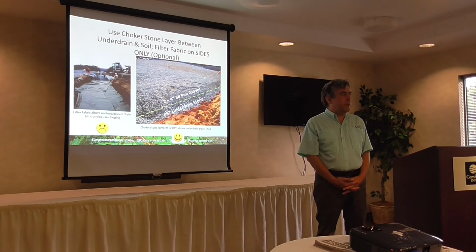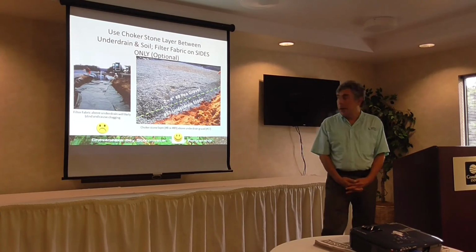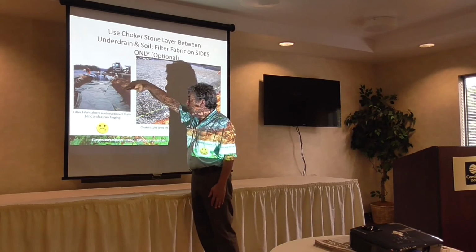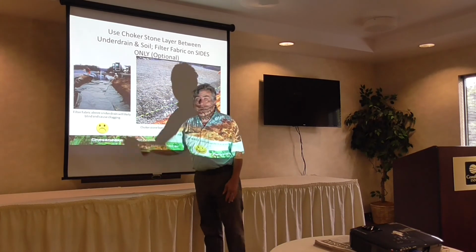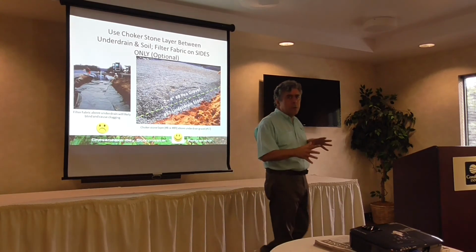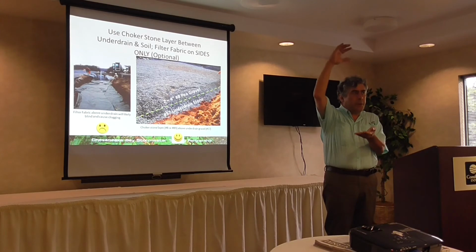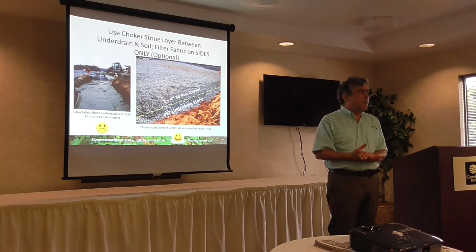Even if it's specified as being permeable, it always clogs up. And so if we're expecting it to infiltrate, we can have filter fabric, but just on the sides. So that's why when I showed you that choker layer of the stone and sand, and then the media, that substitutes for the filter fabric.